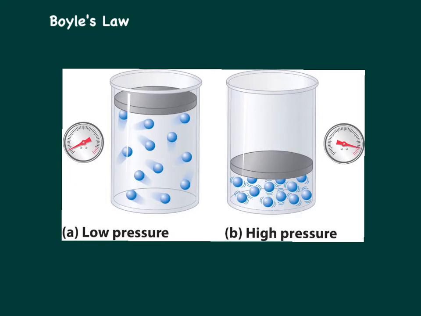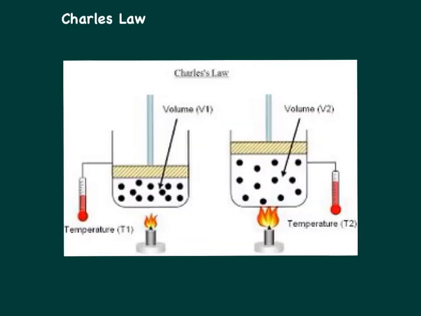If we were to increase the volume, those gas particles are going to have more space, and those molecules are going to have to travel further in order to collide. Fewer collisions, lower pressure.